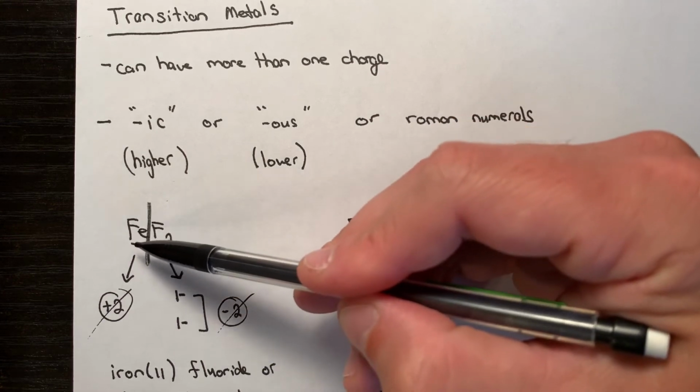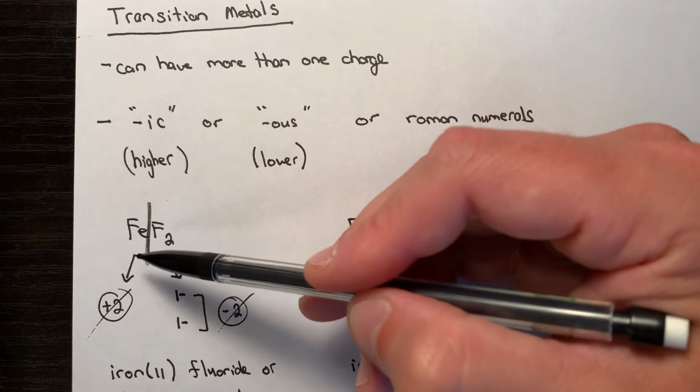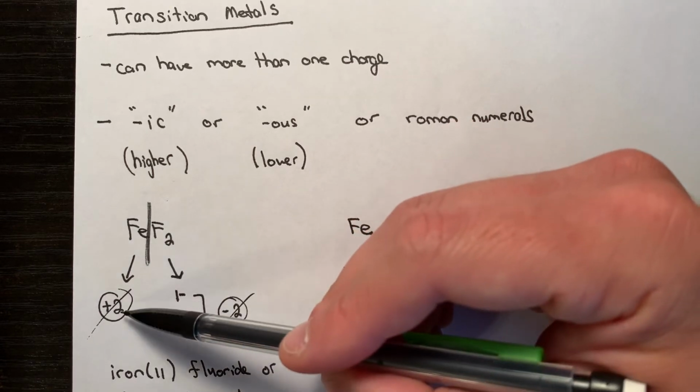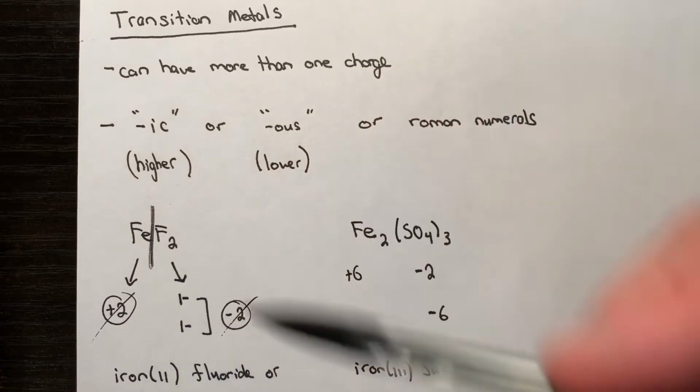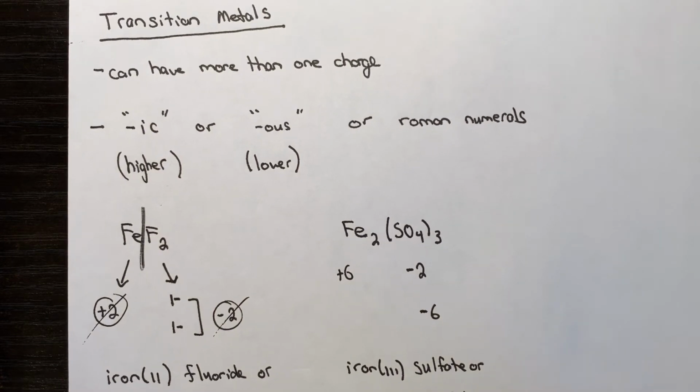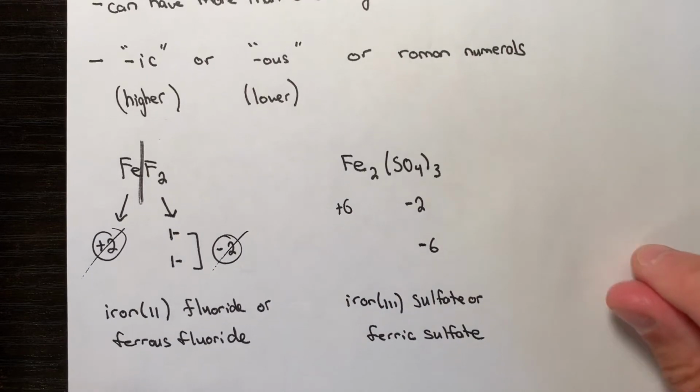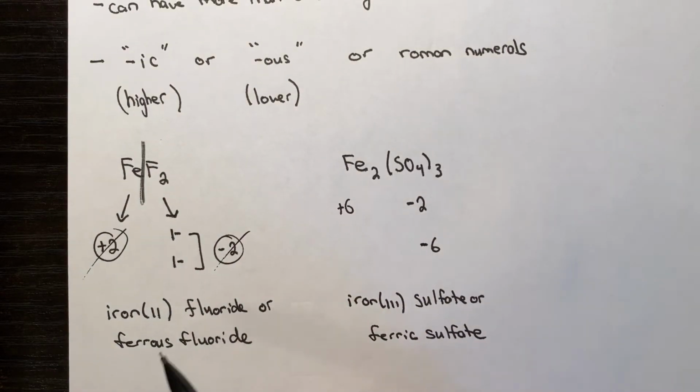Because there's only one iron ion, it must carry a +2 charge. So in determining whether it's the ferrous or the ferric, given that it's +2, it has to be the ferrous form. So we would write this as iron(II) fluoride, or ferrous fluoride. I expect both names, both the Stock and classical, to be committed to memory.